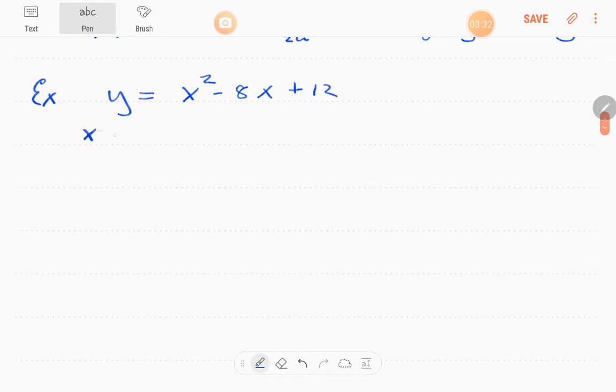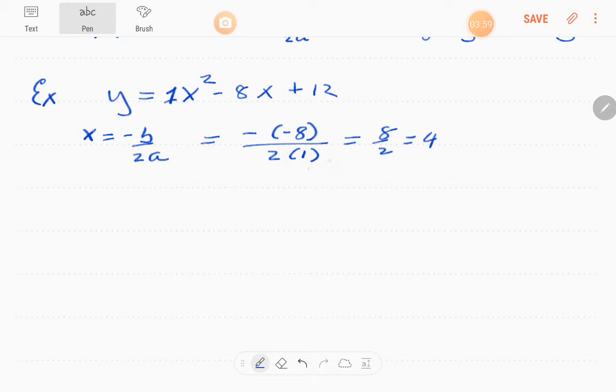So we have x equal to minus b over 2a. Here, a is 1, and b is minus 8. So we'll have minus minus 8 over 2 times 1. So we have 8 over 2, so the x value is 4.